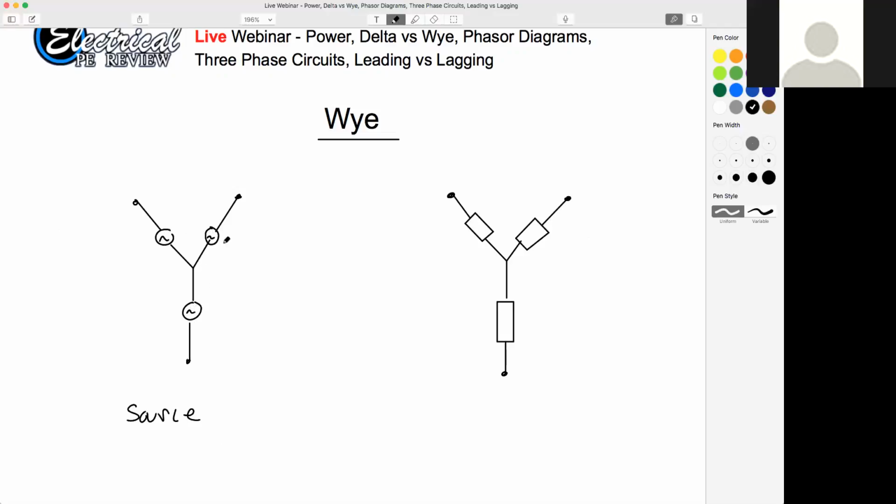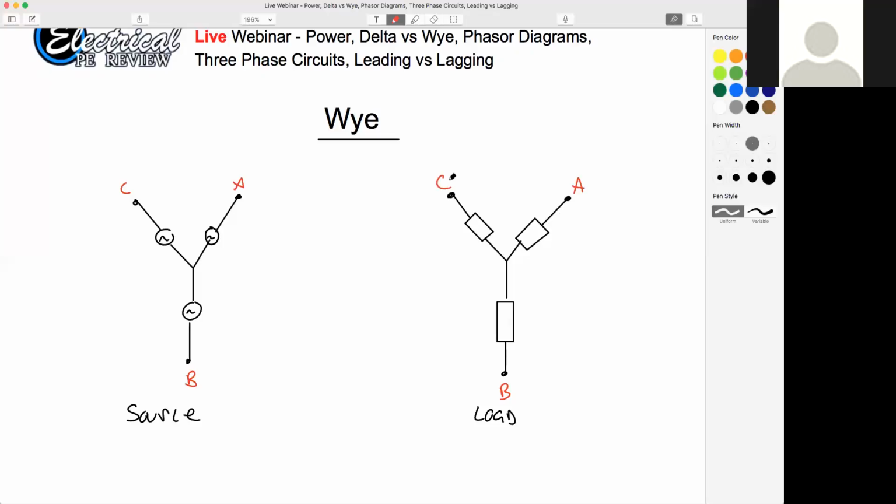Those circles are voltages and the squares mean impedances or a load. So that's source, this is load. I'm going to pick red. We will say that this is A phase, this is B phase, this is C phase, and we'll say the same thing for the load: A phase, B phase, and C phase.